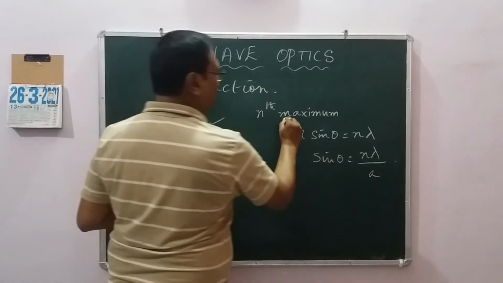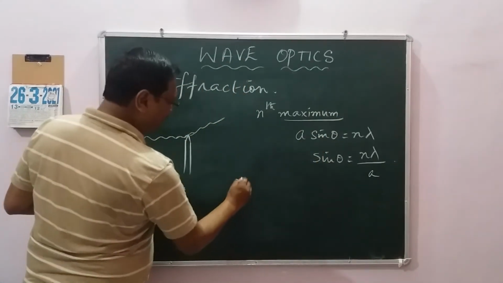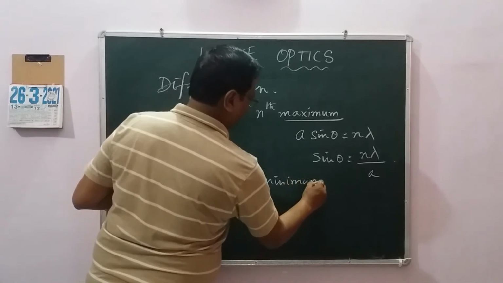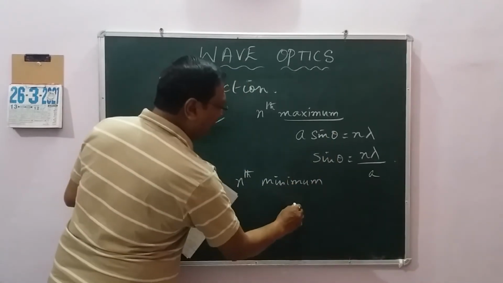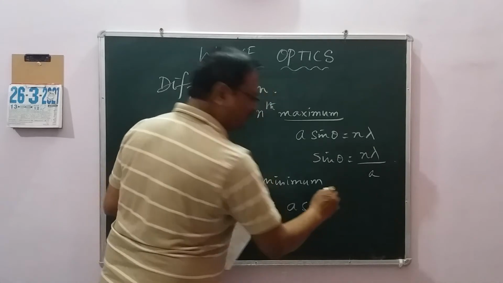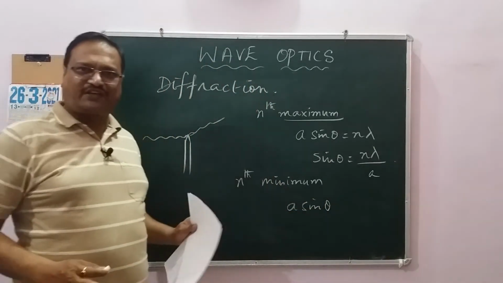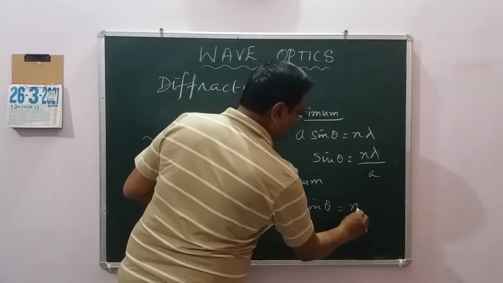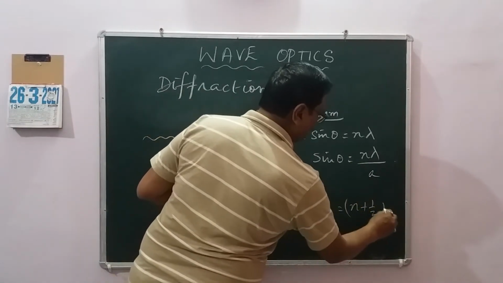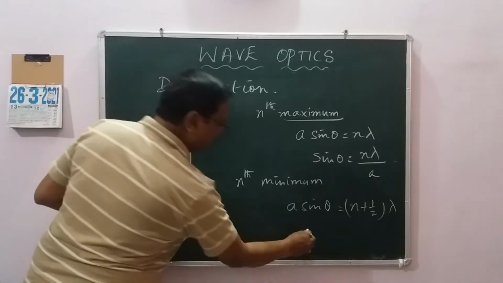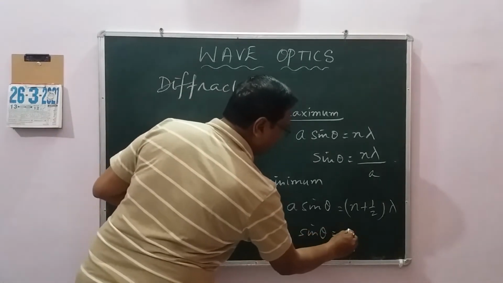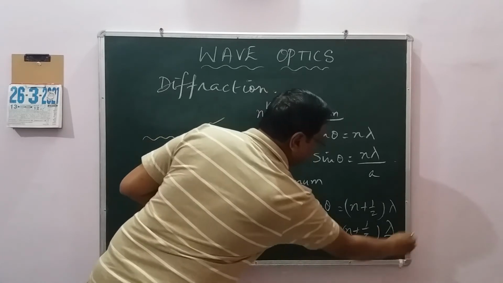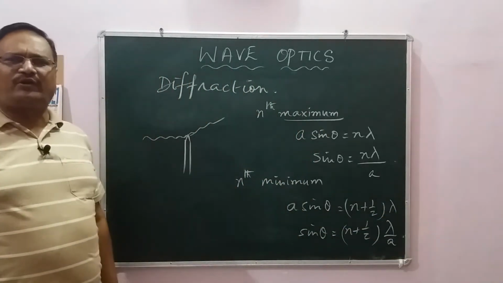This is the nth maximum. We have the nth minimum. That is a sin theta, just like constructive interference and destructive interference, here also the same thing happens. That is equal to n plus half into lambda, or simply sin theta is equal to n plus half into lambda upon a. So this is very important.